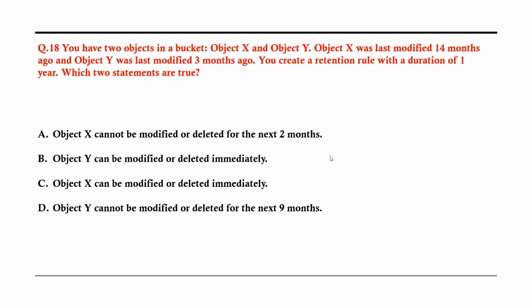And object Y was modified 3 months ago. So the correct answer is C and D. Object X, you can modify it and delete it immediately. But for object Y, it is not yet allowed. You cannot modify or delete it for the next 9 months.